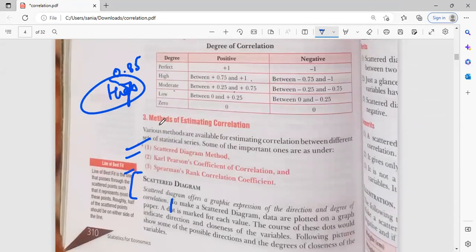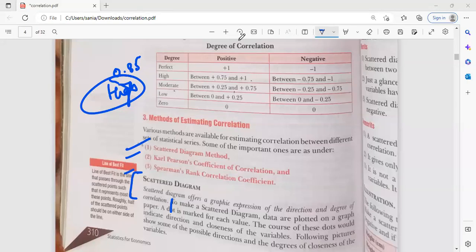Teacher, for the exam, will they ask the merits and demerits? See, it depends on school to school and teacher to teacher, right? Even in a one-marker, sometimes they ask you to write one merit or demerit of the scatter diagram, instead of giving it for 3 marks. Nobody knows.